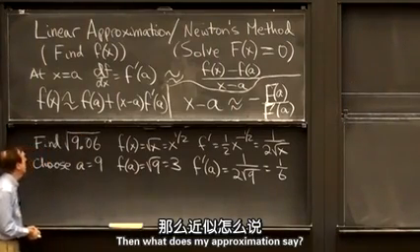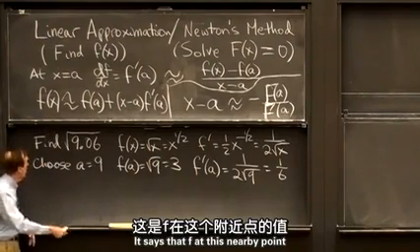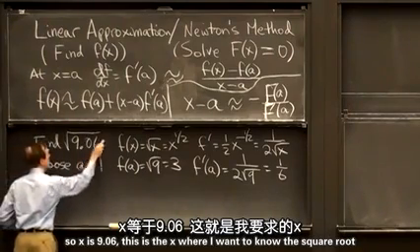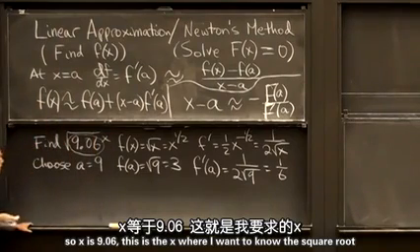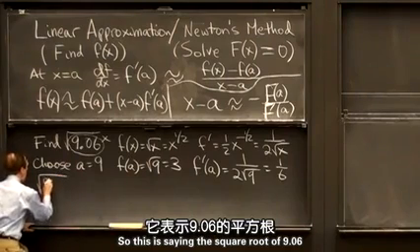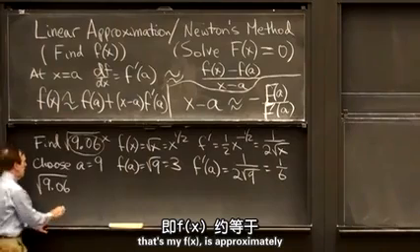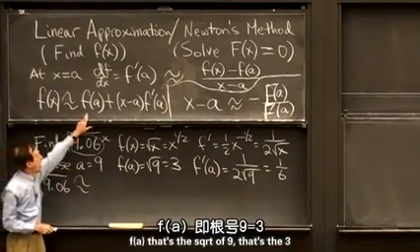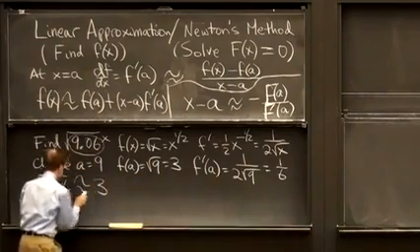That's the particular point I'm calling A, and I'm working from there. Then what does my approximation say? It says that f at this nearby point, x equal 9.06, where I want to know the square root, so the square root of 9.06, that's my f of x, is approximately f at A, that's the square root of 9, that's the 3.